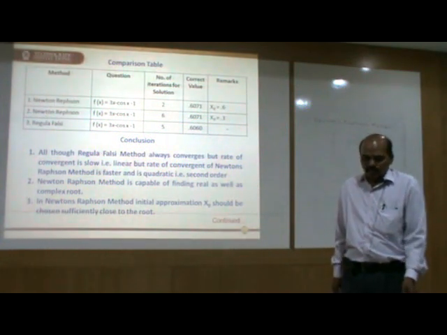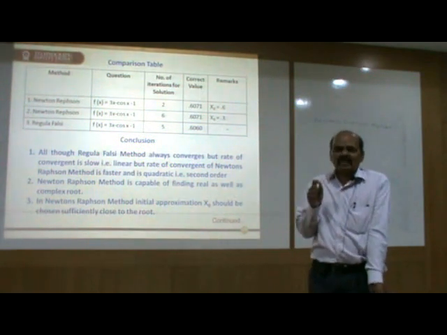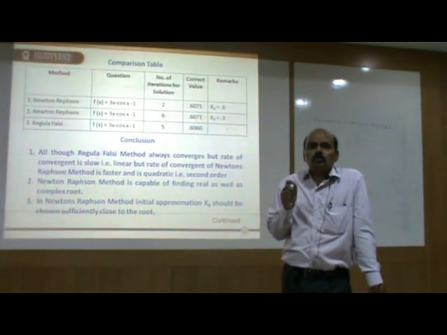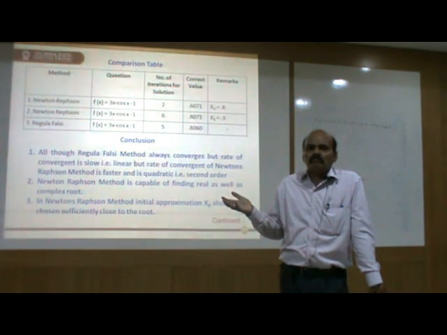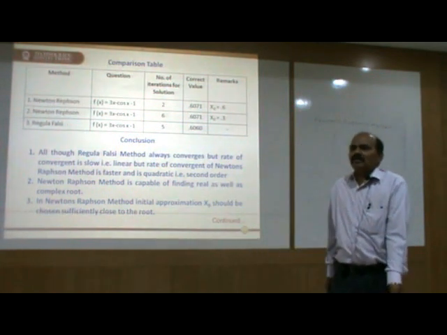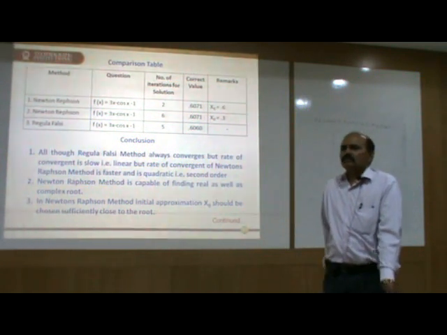Another point I would like to mention in Newton's Raphson method is that the initial approximation x0 should be chosen sufficiently close to the root so that it converges more rapidly to the solution. And in regula falsi method, nothing of this type is required.